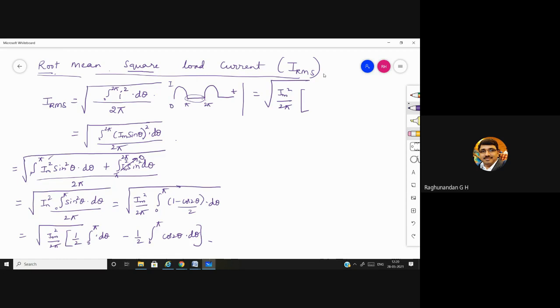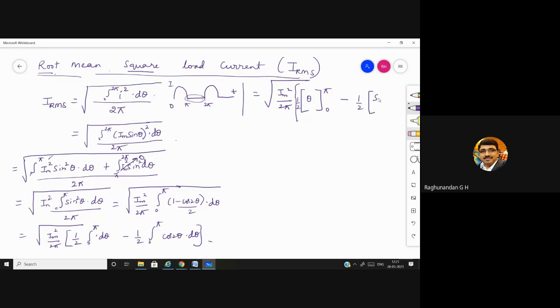when you are going to integrate d theta, what will you have? You'll have theta, right? Theta from pi to 0, minus half.